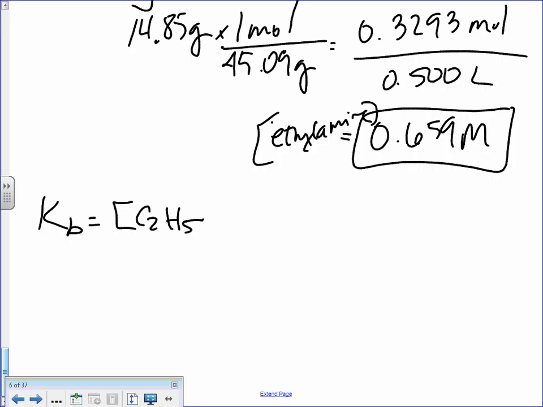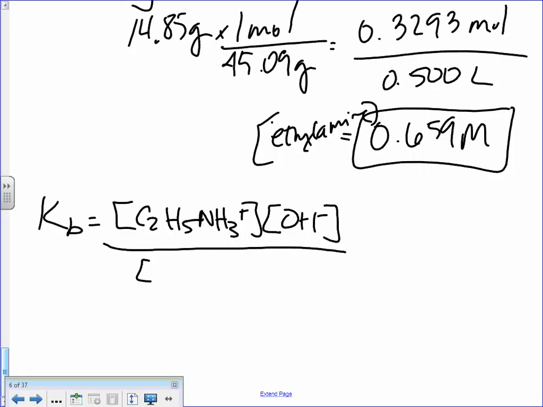This is the conjugate acid, right? OH minus over ethylamine, and you have to put your charge there and your plus. So the Kb should have been set up just like that, no water.